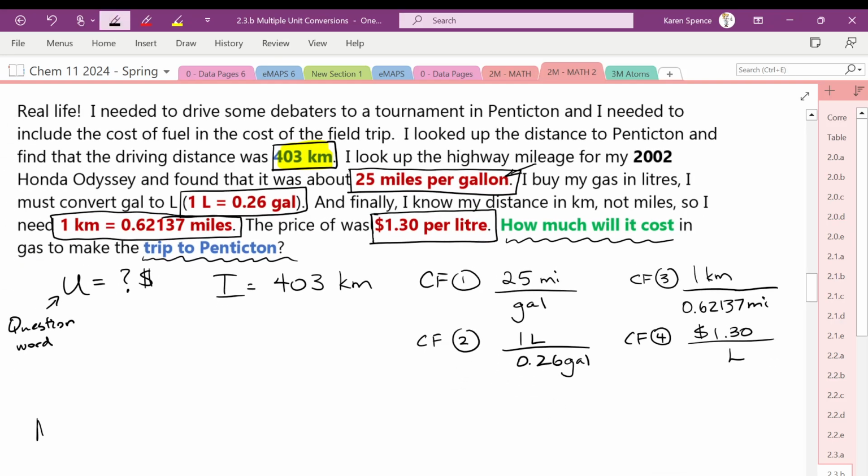So we're going to make a map, not to Penticton, but we're going to make a map. What are we starting with? Our initial quantity is kilometers. So I am starting with 403 kilometers. Eventually, at the end, I want to figure out the dollars.